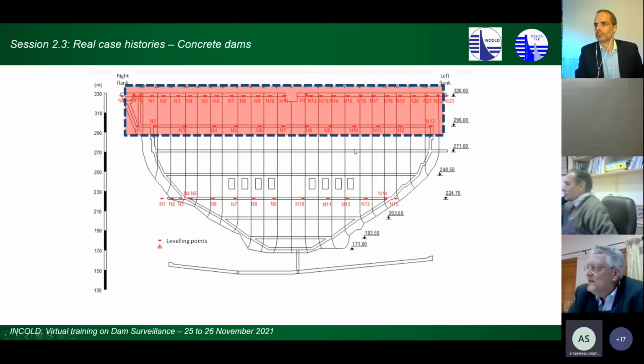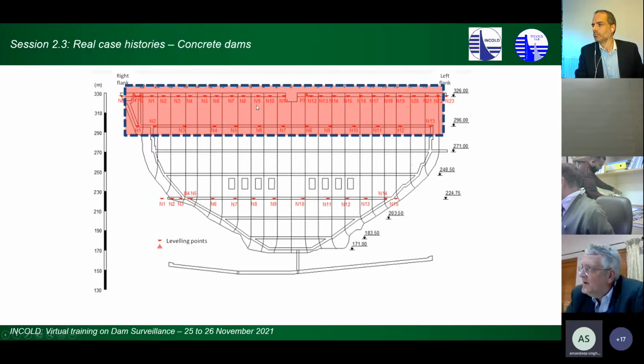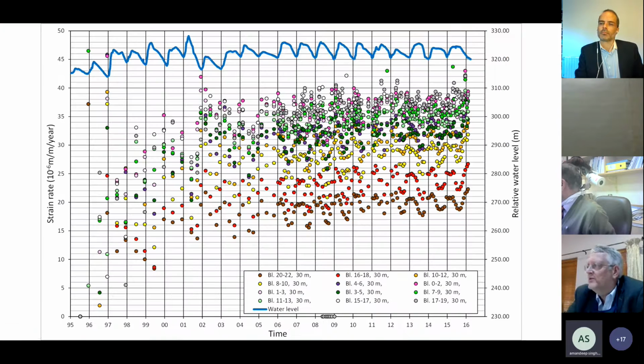So let's quickly look at the precise leveling. You guys can see here are all the galleries in the dam, and let's just look at the top two galleries. They do some precise leveling. So let's look at the swelling rates in a block where there are leveling points in both of them, to determine the swelling rate over a period of time.